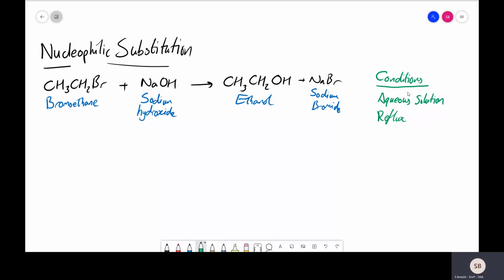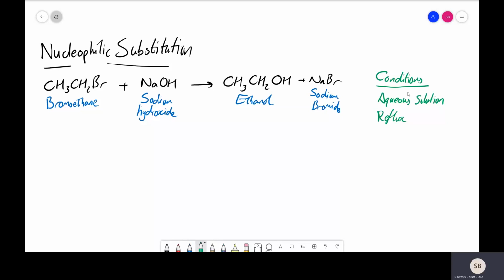As it evaporates, it will go up into a condenser. And when we're doing reflux, the condenser is vertically above the reacting vessel. So it will go up into the condenser, it will condense, and it will fall back down into the chamber where the reaction is happening.